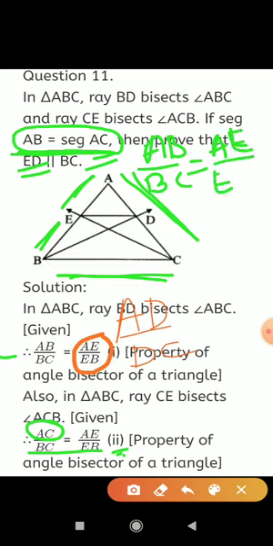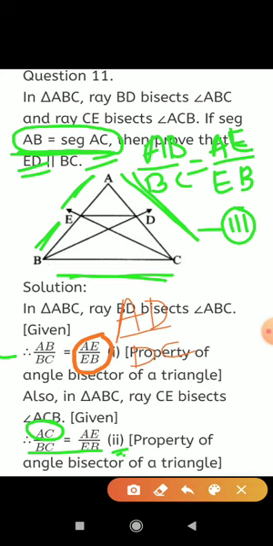So we can write AB upon BC is equal to AE upon EB. Suppose this is our equation number 3.